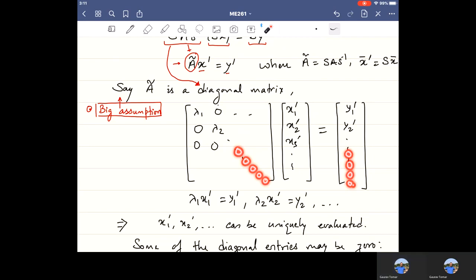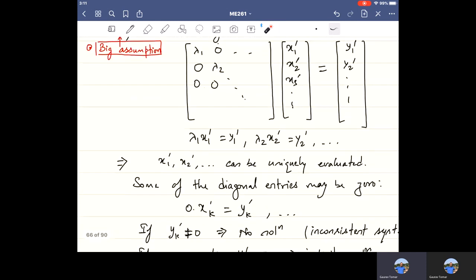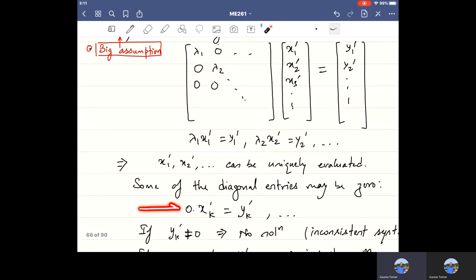Those equations would reduce to zero by default. So this part of the system we can completely ignore, where you have 0 times xk equal to yk is equal to 0. Of course it has to be, because otherwise it will not be consistent.